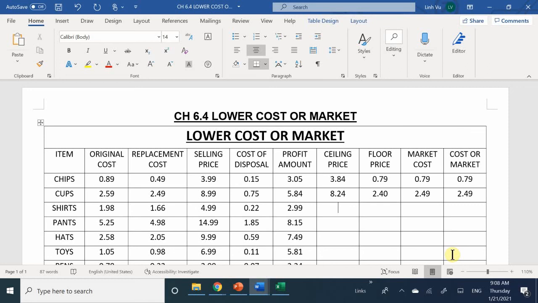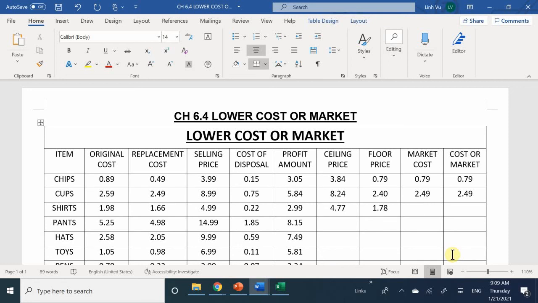So what is my ceiling price? $4.77. What is my floor? 178.